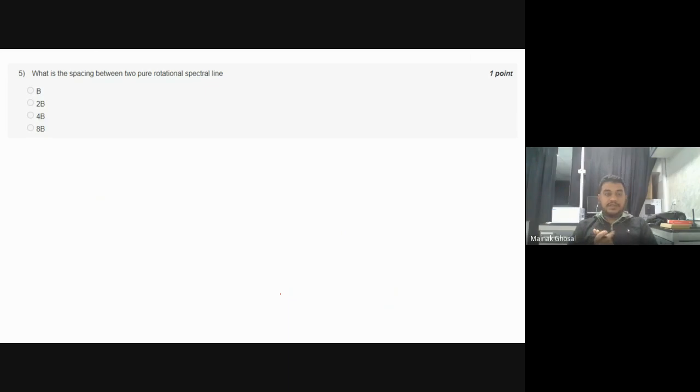So this is the fifth question, which asks what should be the spacing between two pure rotational spectral lines. In a rotational spectrum, you get these kinds of lines.